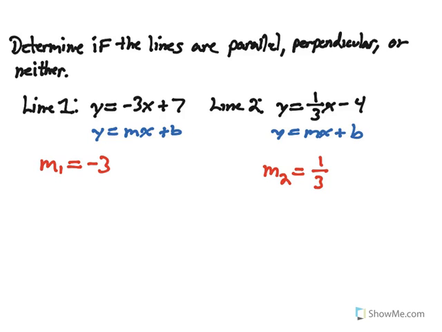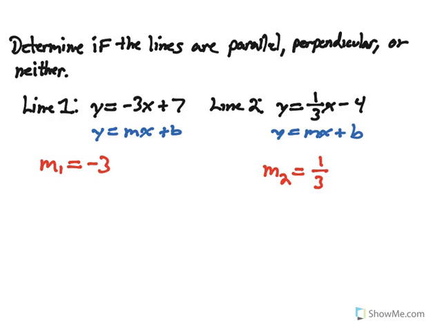And we need to know, now they're not the same slope, so parallel is out of the question. They both have to be -3 or both have to be 1/3 in order to be parallel. That's not the case here, so we can eliminate the parallel. The only other options we have are perpendicular or neither. So we need to see if these are perpendicular before we say neither, okay?